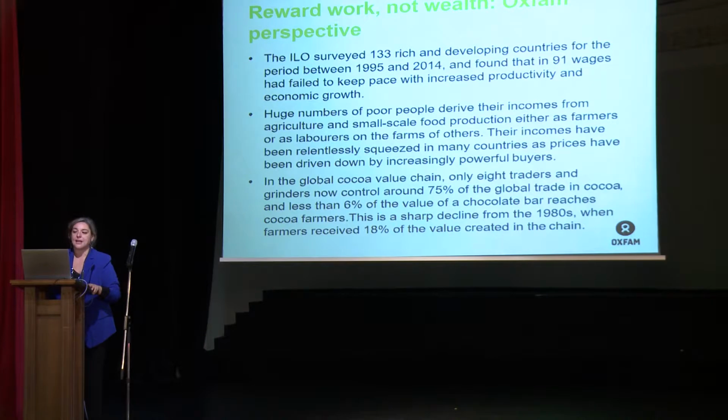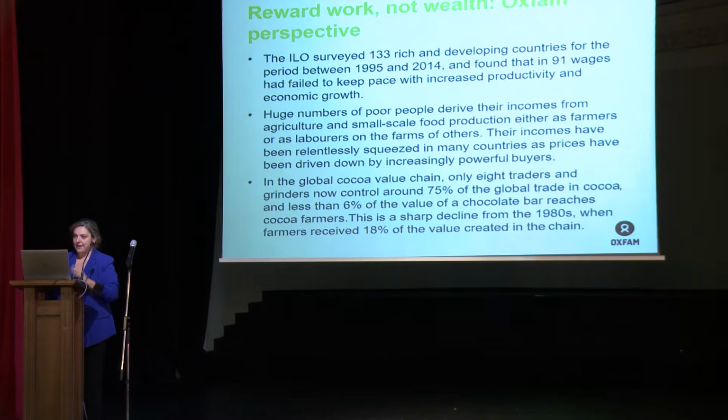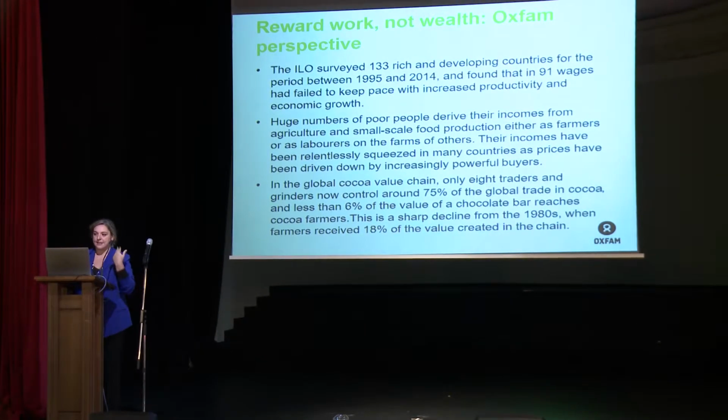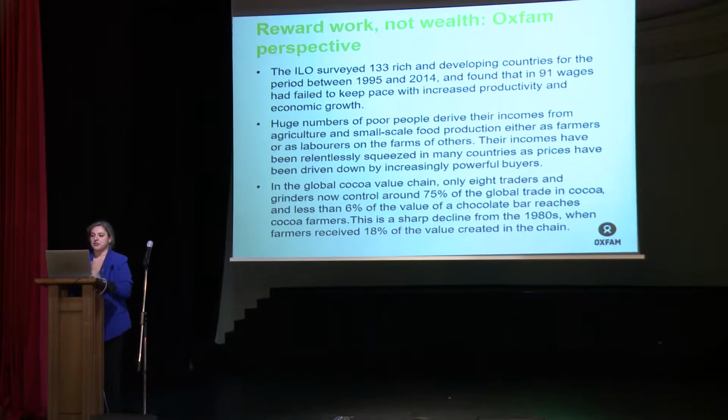This is happening in many, many countries of the world, and it is a system that fuels inequality, and does not allow people that are working to benefit from the economic growth. And this is true also for people that work in different sectors, in the tertiary sector, in industrial production, but also in food production.